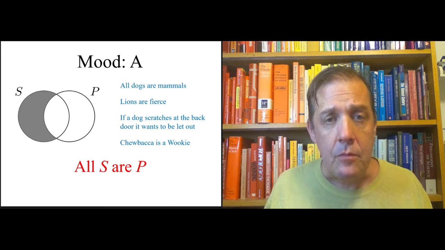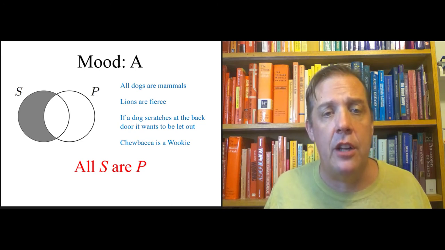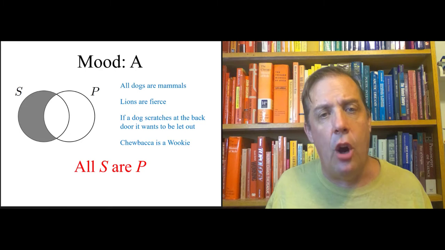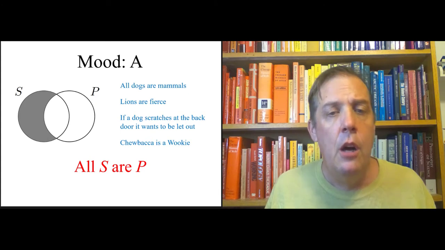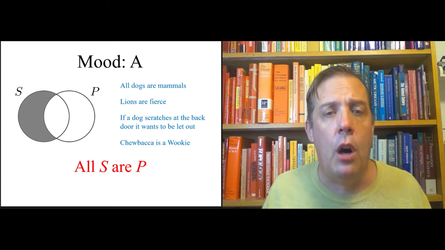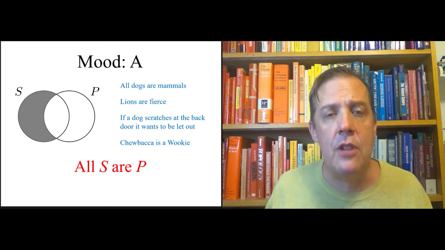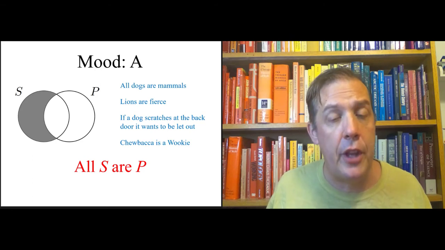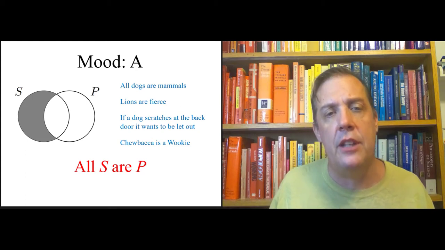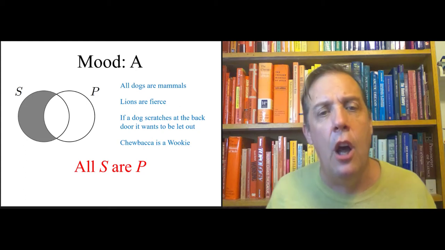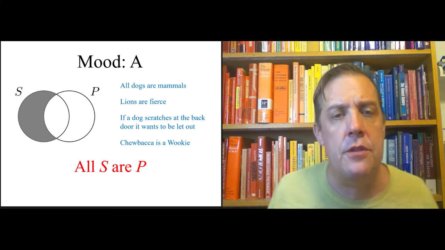That one's obvious because you've got the all and the are, so you just turn S into dogs and P into mammals. But other things are like this too. Lions are fierce, without the all, turns out to be this way, and that means we say that the all is implicit, and we'd say something like all lions are fierce creatures.